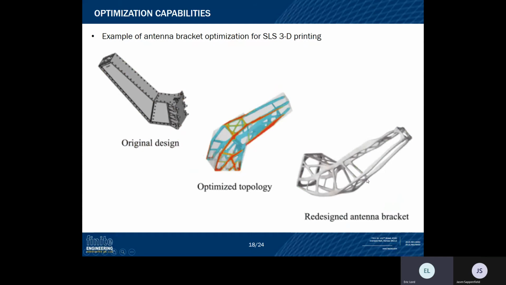Because it was for a very specialized application, selective laser sintering was chosen. So 3D printing of this, and here is the final product. So going from something very complex and very heavy to something very complex in geometry, but very lightweight.